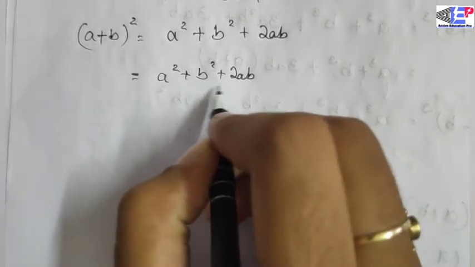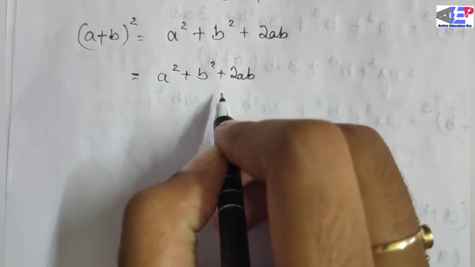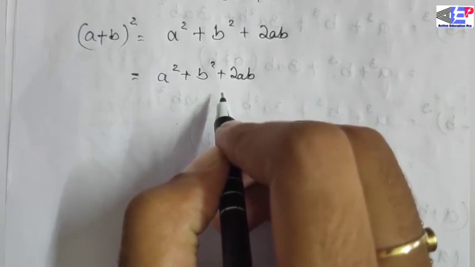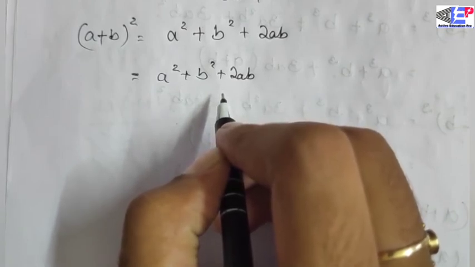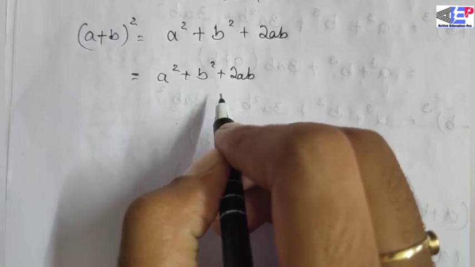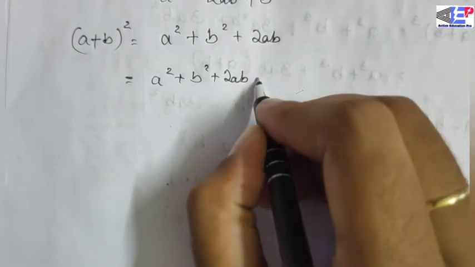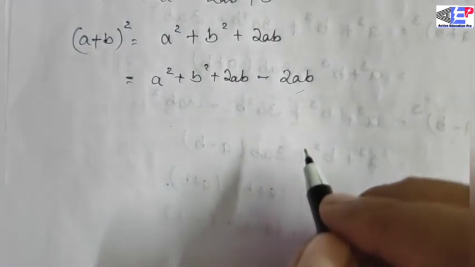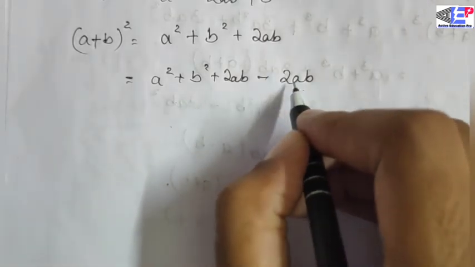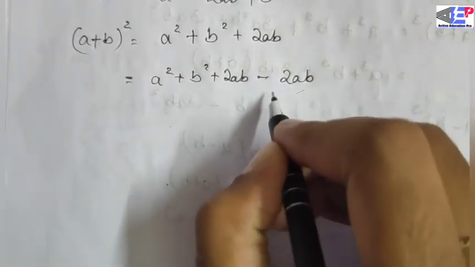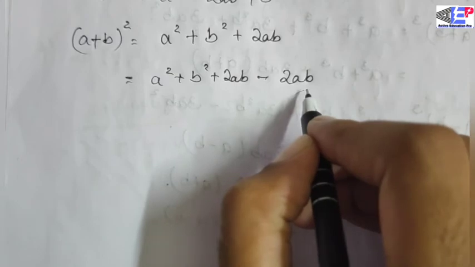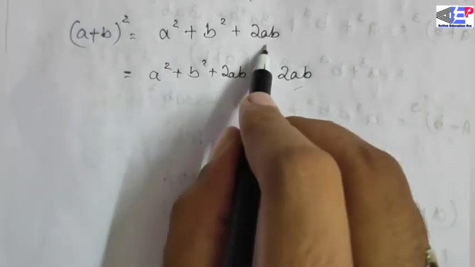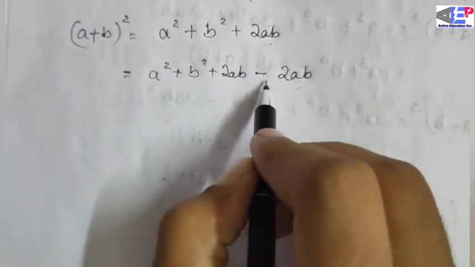That's why we need a minus 2ab here to make it (a minus b) whole square. That's why we subtract 2ab, it means minus 2ab. But yes, it is completely extra for this same answer.